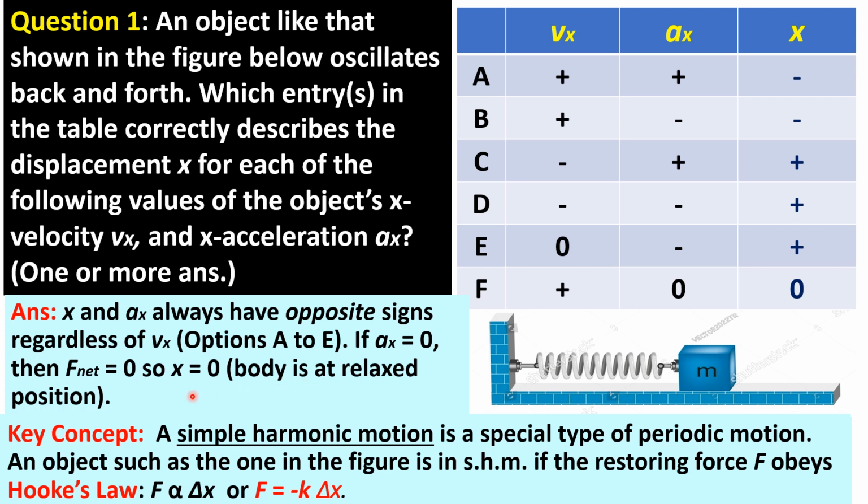So if F net, or the restoring force, is 0, it follows that the acceleration is also 0, and that the body is located at x equals 0. So in other words, our correct answers are options A, D, E, and F.